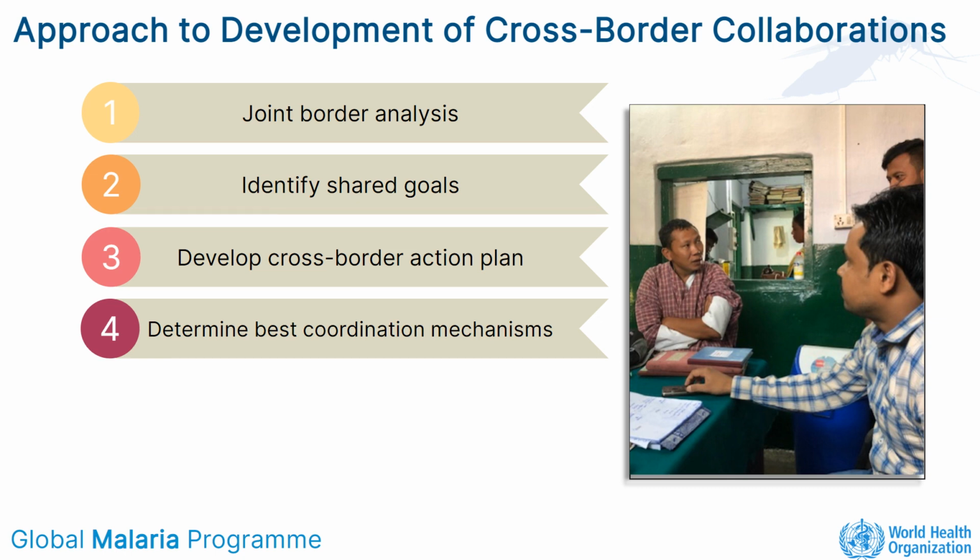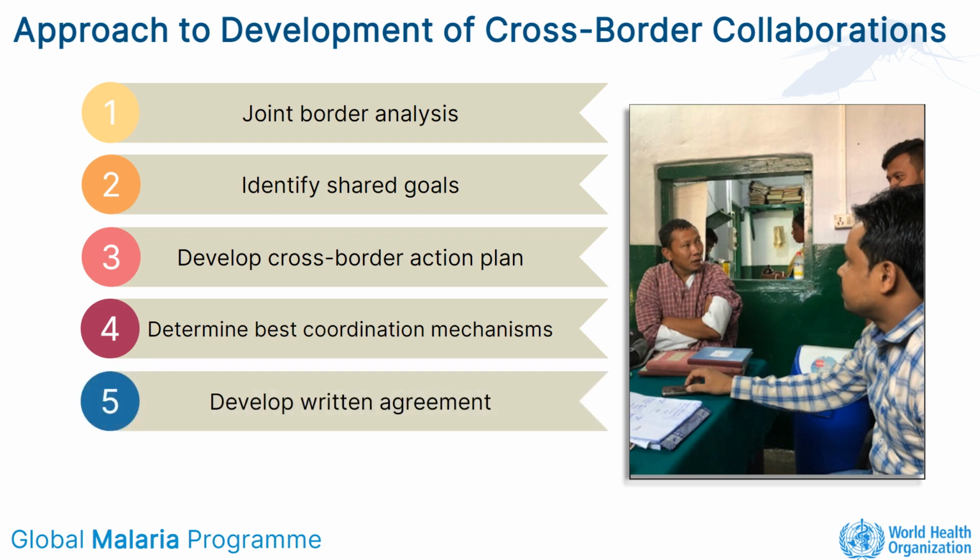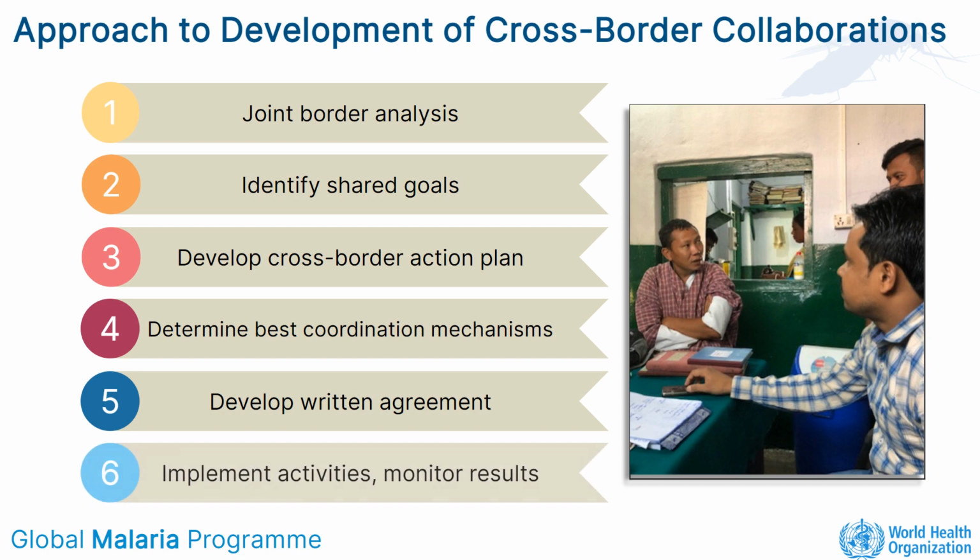However, a local coordinating mechanism is also needed, which may take the form of regular meetings between local officials. A written agreement is important as a record of the decisions reached by those negotiating the collaboration. Formal, high-level agreements may be needed to gain approval by officials at subnational levels. Once activities have been implemented, the results need to be monitored to ensure that activities are continuing as planned and having the intended effect.